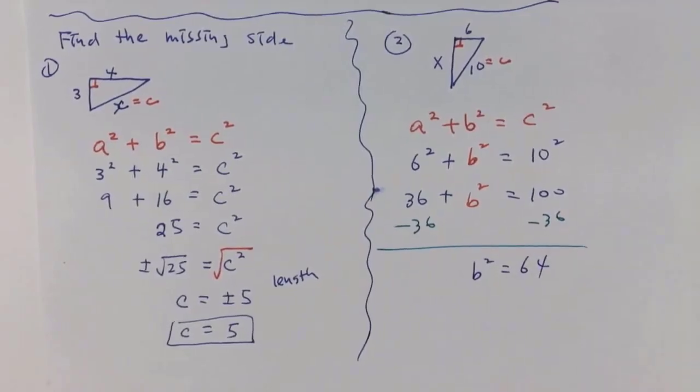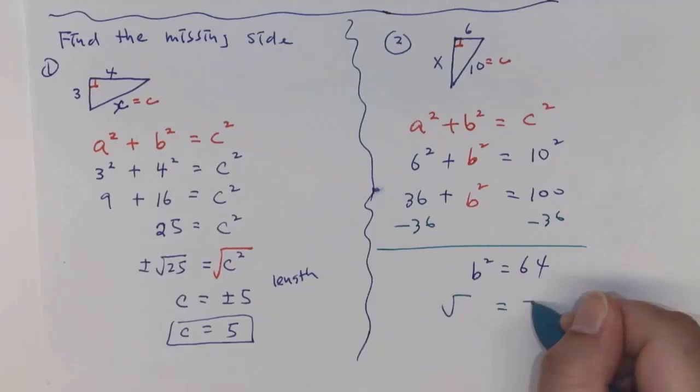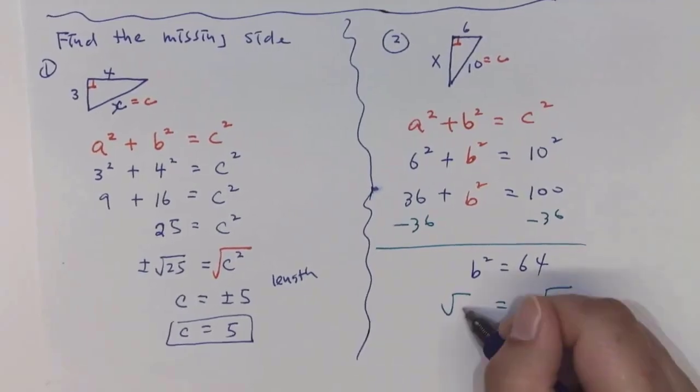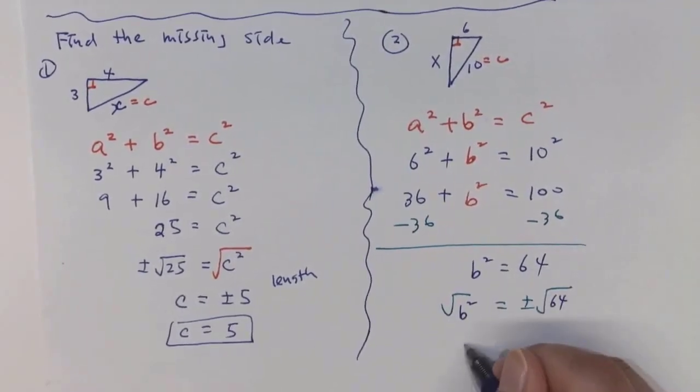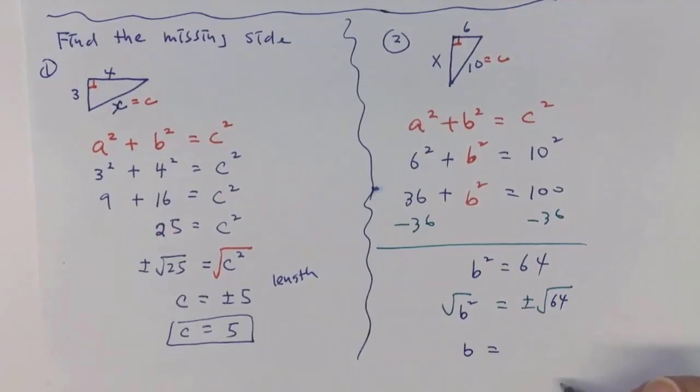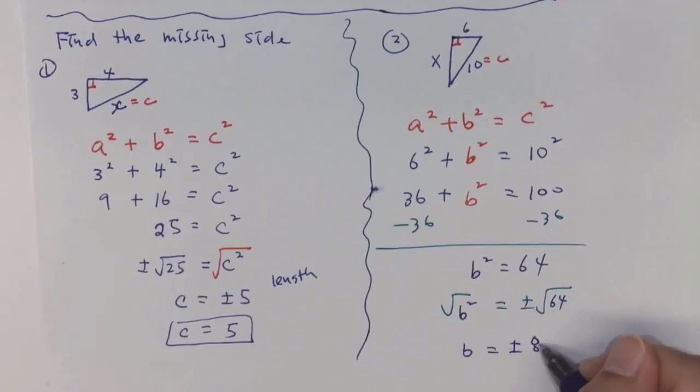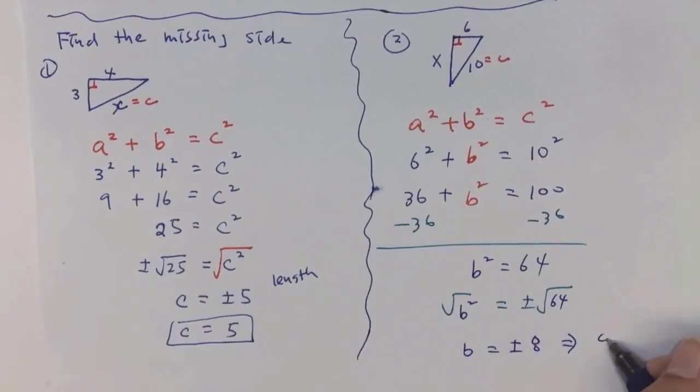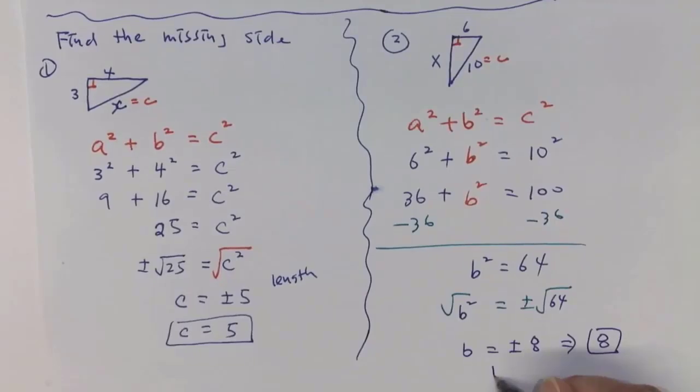And then we need to take square root both sides. The right side is supposed to come with plus and minus. B will equal to plus minus 8, which because it's length, so it's just equal to 8. Are we okay?